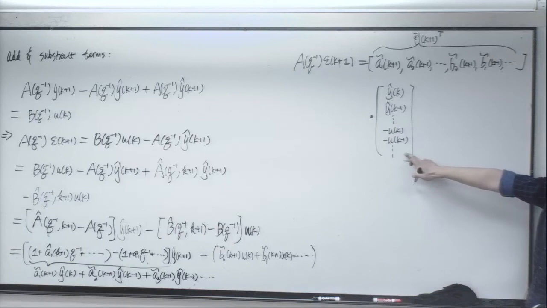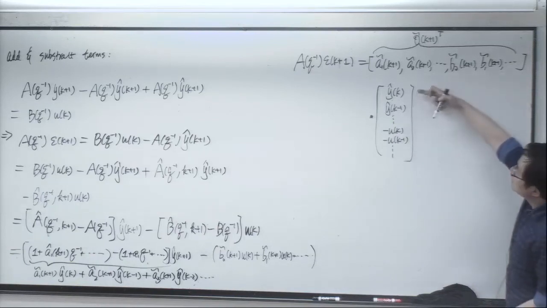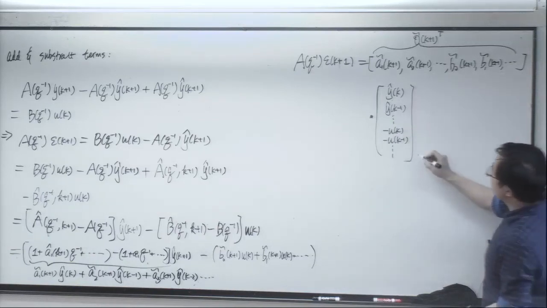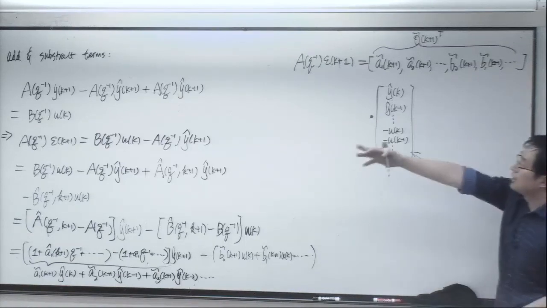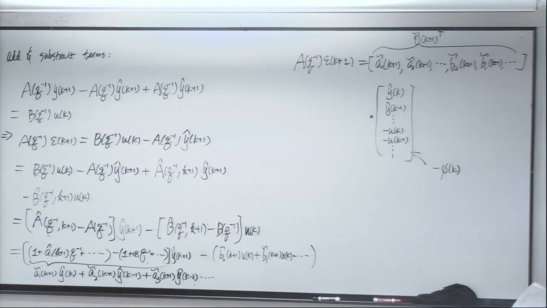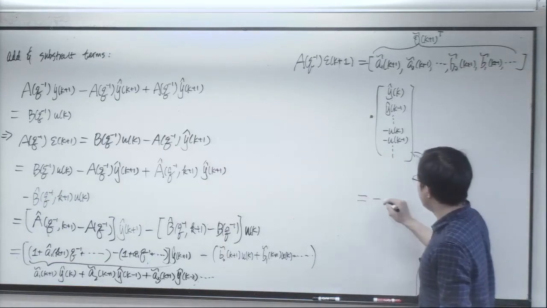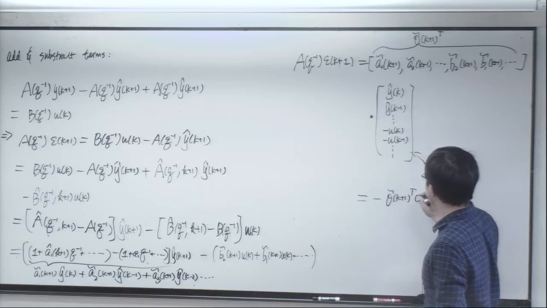And then this is, you see, y hat and u here. This is really nothing but the negative of our regressor vector if you compare it with the first line on the left-hand side. So this is really negative theta tilde k plus 1 transpose times phi k.